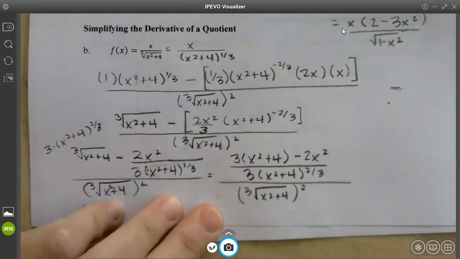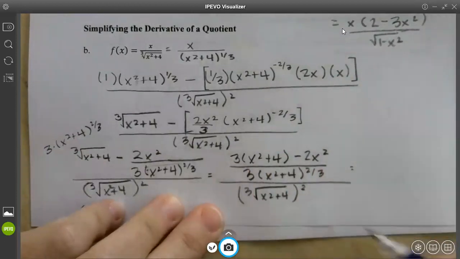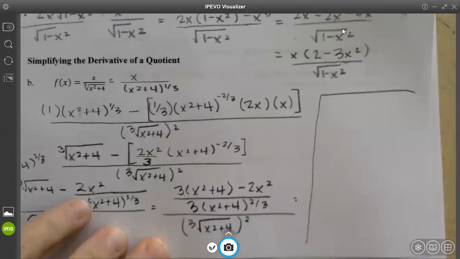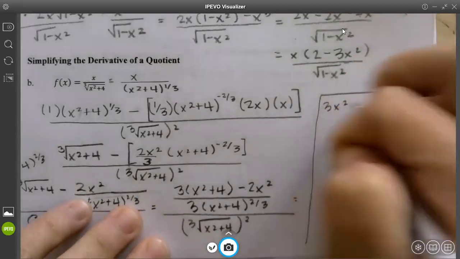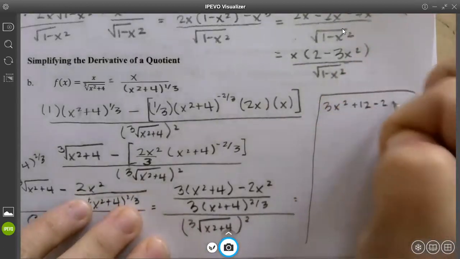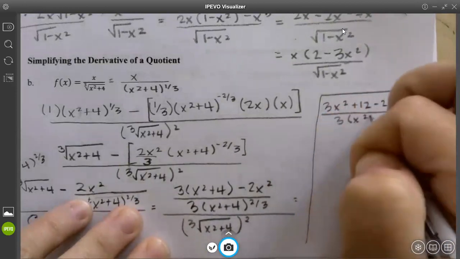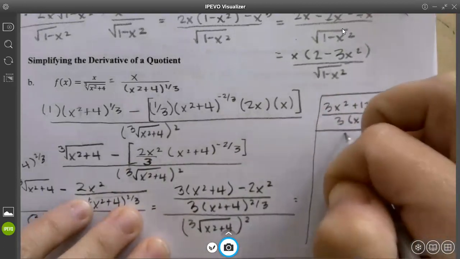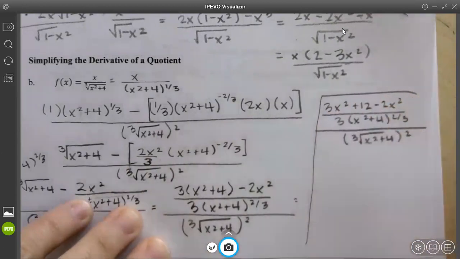Clean it up some more. I'm gonna move up here so you guys can see a little bit more. We'll have 3x squared plus 12 minus 2x squared over 3 times x squared plus 4 to the 2/3, all over the cube root of x squared plus 4 squared.